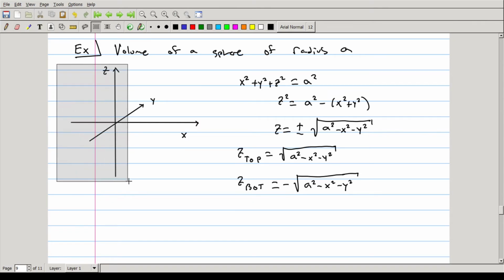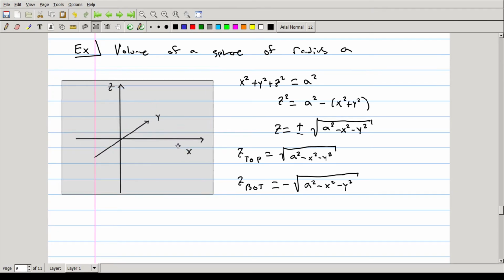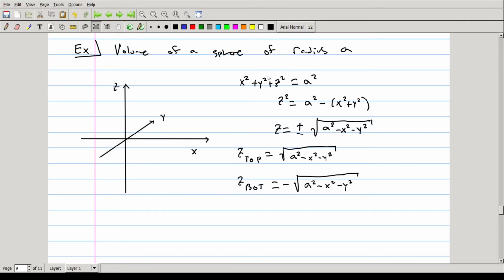So in general, when figuring out this region R, you want to think of what the traces of this equation look like. Specifically, this equation is going to have a maximum trace when z is equal to 0, which is just a circle of radius a.